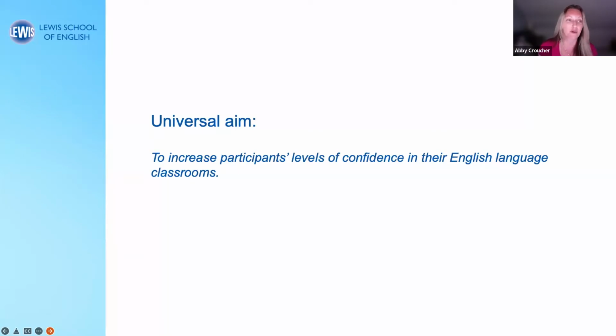There are lots of different ways that you can do that, obviously, and each partnership had a completely different focus because ways in which confidence could be achieved were varied. But ultimately, it was all about confidence. It wasn't about getting from this level to that level, it was about confidence.